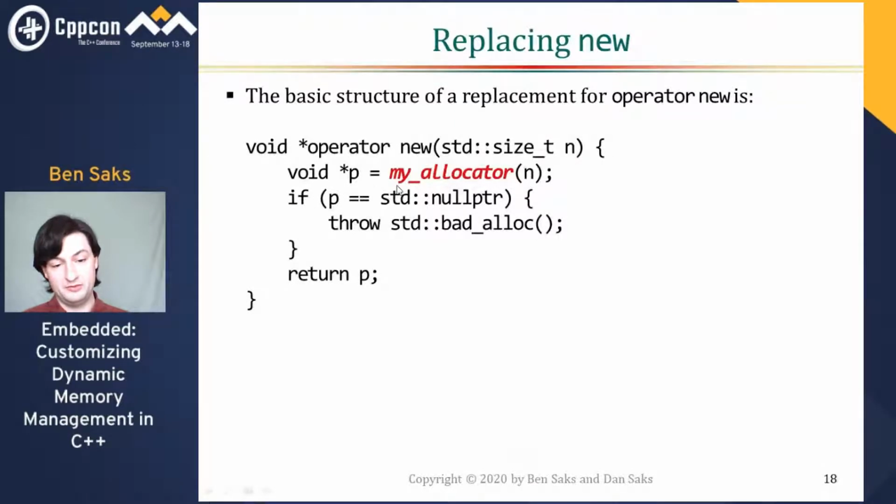And this myAllocator function just finds memory in whatever form is appropriate. We'll talk about some algorithms that you could use for this in a little bit. But it tries to find memory for the object. If it wasn't able to find memory, it returns a null pointer, in which case operator new, in this case, throws bad_alloc to report the failure. Otherwise, it returns back the pointer that the allocation function provided.